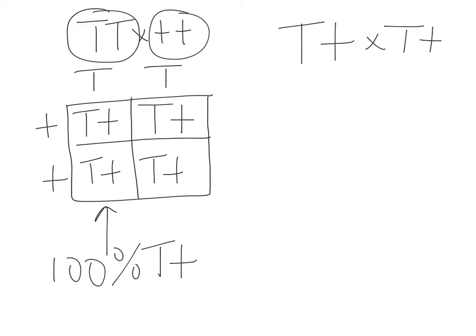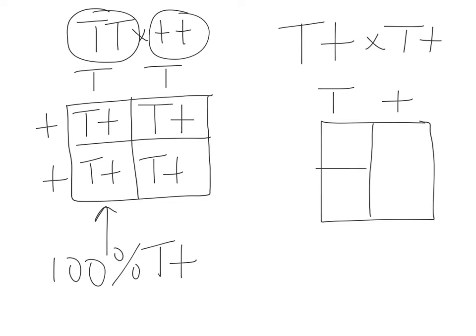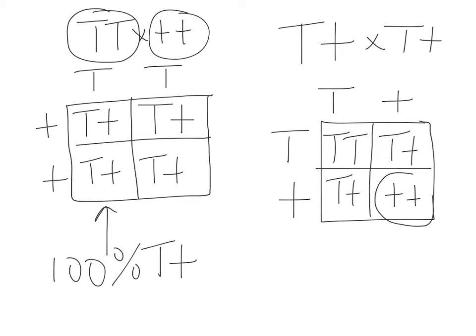So you're basically crossing two heterozygotes, big T, little t on one side, big T, little t over here. What your Punnett Square looks like: big T, big T, big T, little t, big T, little t, and little t, little t. This is that recessive trait, the white flowered pea plant reappearing in that F2 generation.